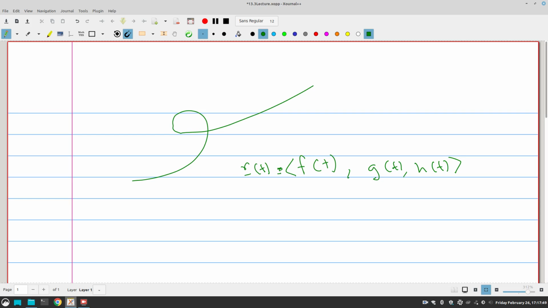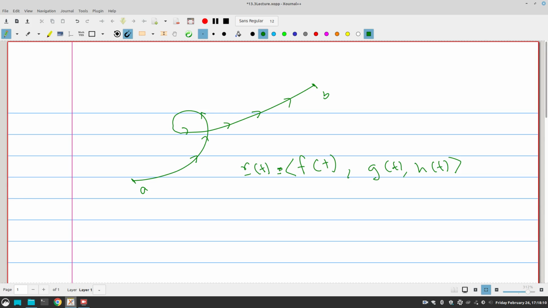Let's say as t increases in a particular direction, call this point A and this point B. I want to find the length of the curve between A and B.